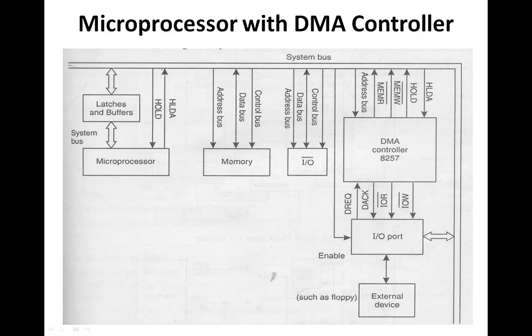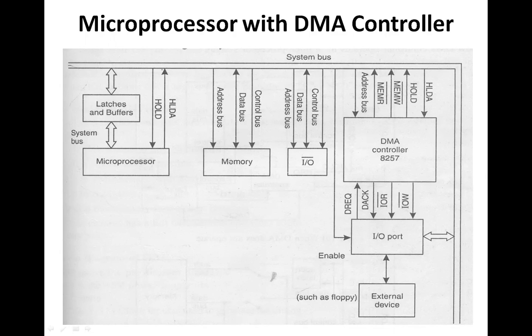Once the DMA controller receives this acknowledge signal, it takes control over the address bus, data bus, as well as the control bus, and begins its work as a master. Now the DMA controller sends a DMA acknowledge signal to the input output device through the port, and this signal will inform the device to get ready for the DMA transfer.